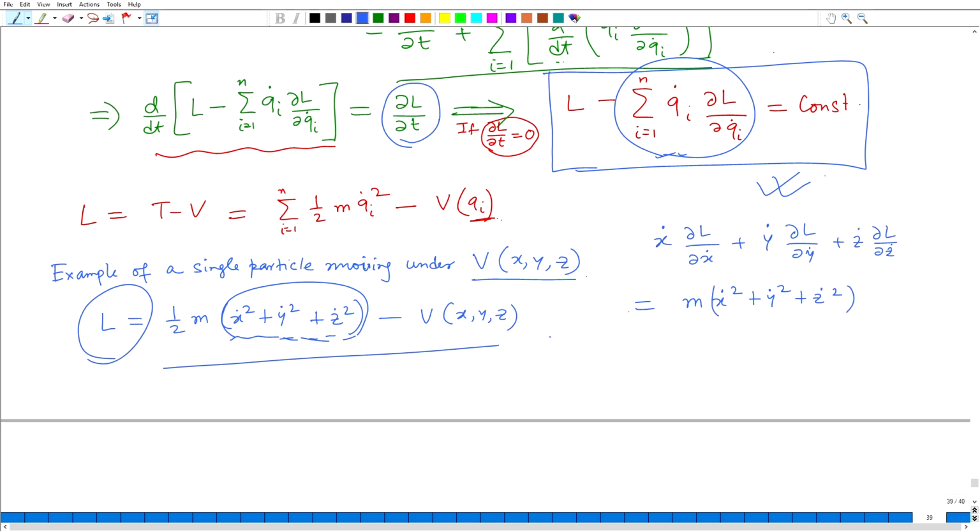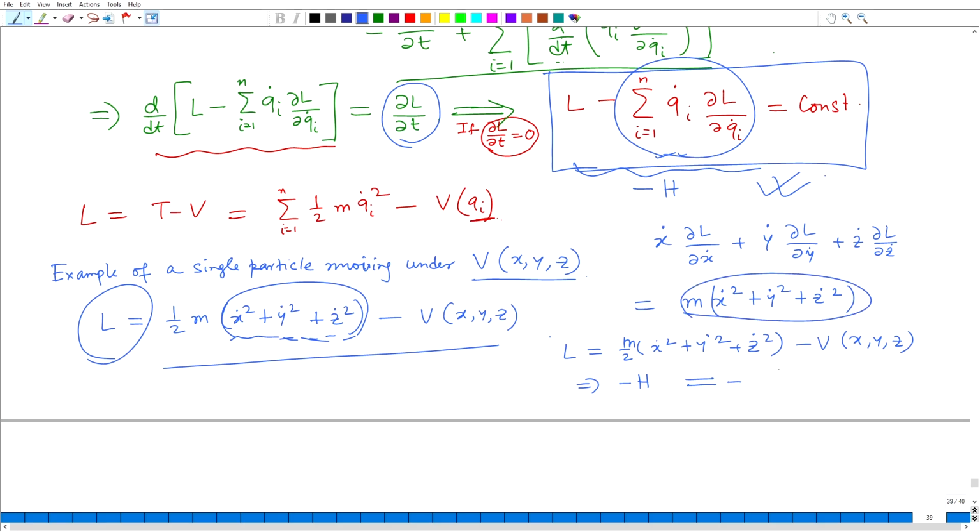Okay. And now, if you just say that my L is m by 2 (x dot square plus y dot square plus z dot square) minus V(x, y, z), then L minus this thing, which I can now call minus H, so minus H will be equal to this whole thing minus this.